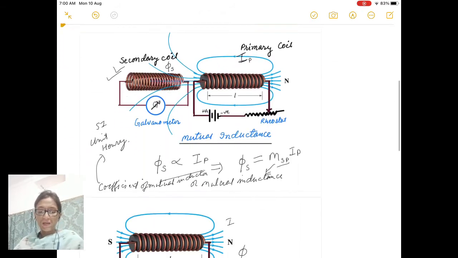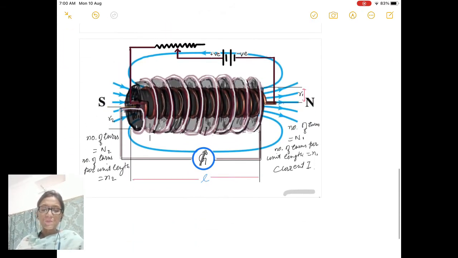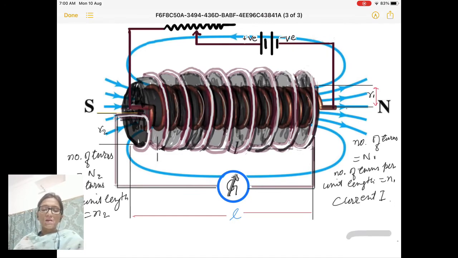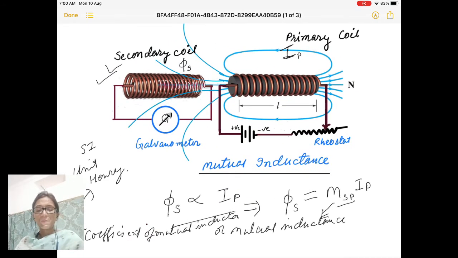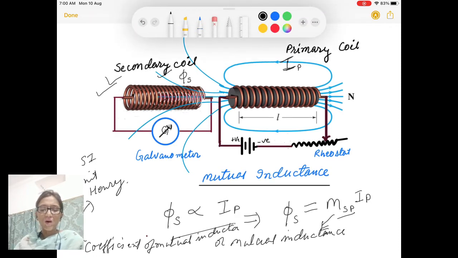Firstly, I am doing mutual inductance. Here you can see the flux is linked to your secondary coil, but not all the flux. Only a few field lines, 1, 2 or 3 field lines, are linked with the secondary coil.